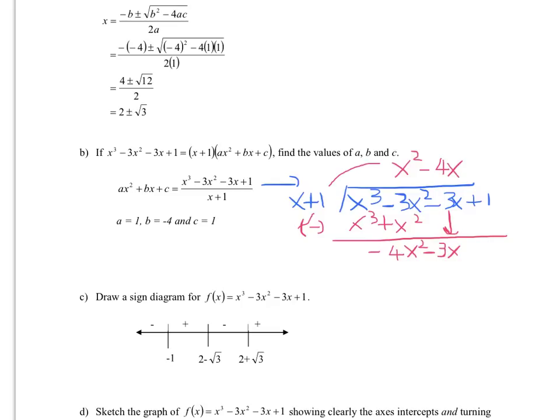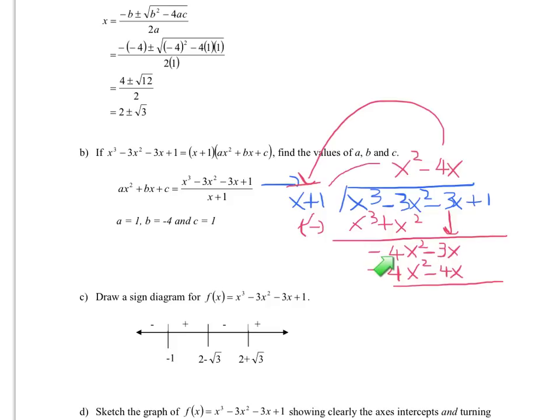As you can see, negative 4x times x will give you negative 4x squared. And we will see the logic and rationale of doing this later, why we choose negative 4x. When you now take this one and times the whole of x plus 1, this will leave us with negative 4x squared and negative 4x. And once again, we subtract.